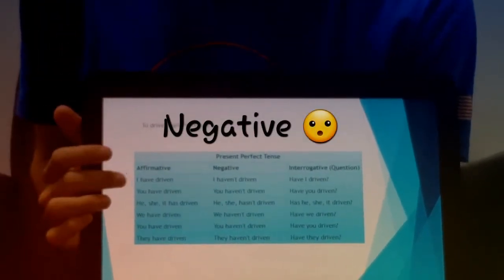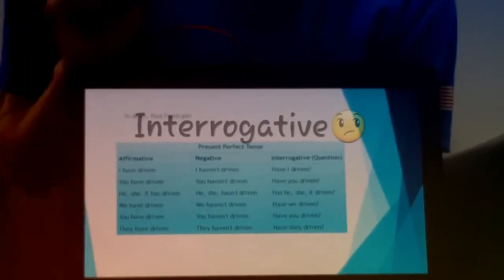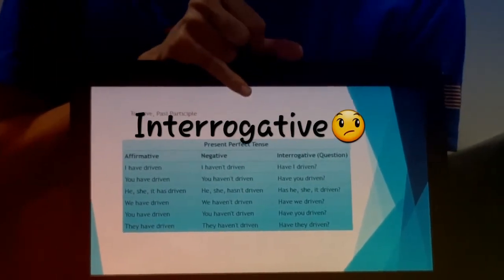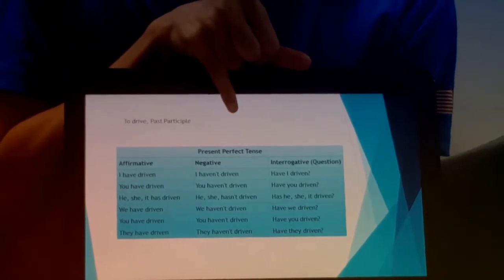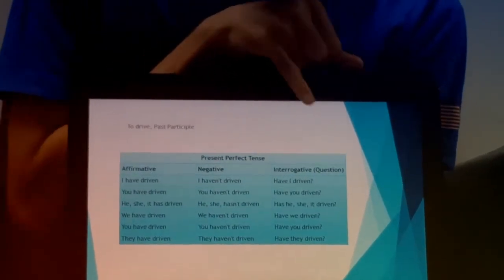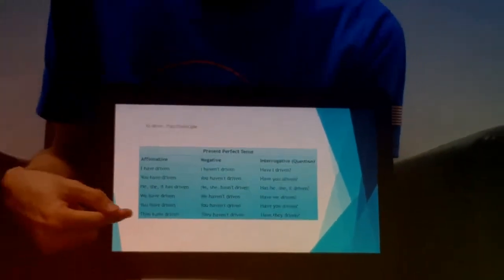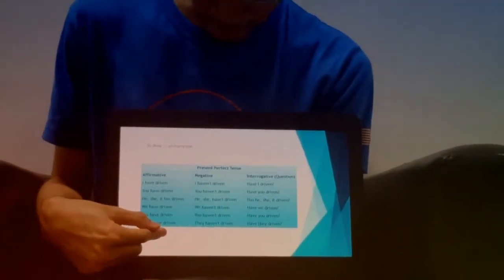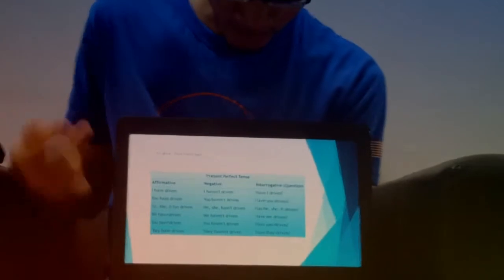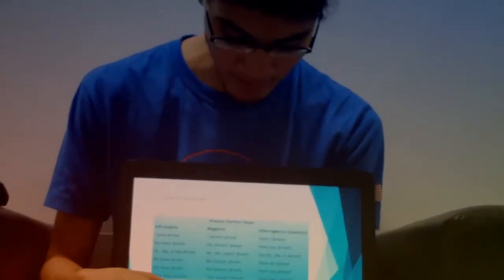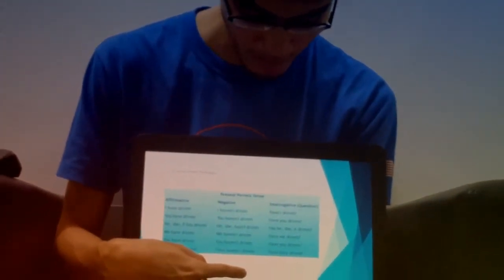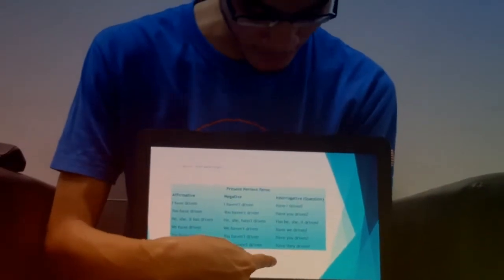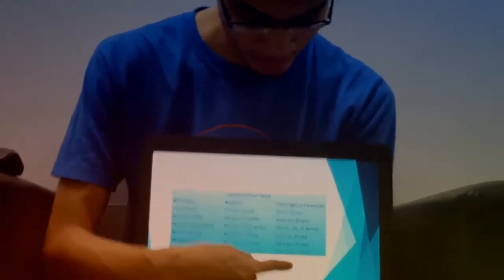Okay, the first one, I have driven, and negative sounds like I haven't driven, and the question, have I driven? The next example, they have driven. As for the negative sentence, it sounds like they haven't driven, and the question will be like, have they driven?